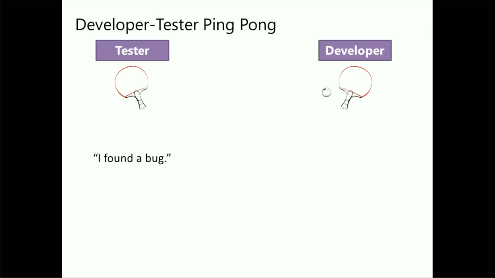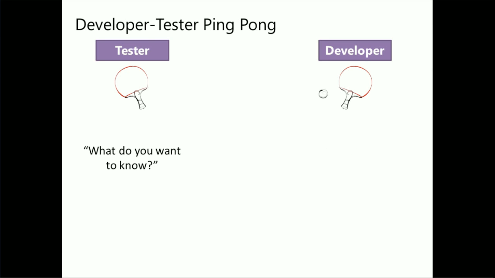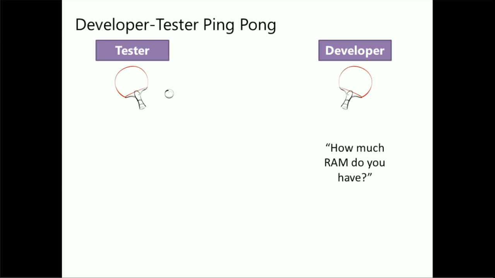Just a quick example of that, I liken this to dev test ping pong, where the tester says, you know, I found a little problem, and the developer would then say, well, it works fine for me, so what's going on your end? And it kind of goes back and forth. The reason for this is that neither the developer nor the tester has any tools that are well coupled together or well integrated.